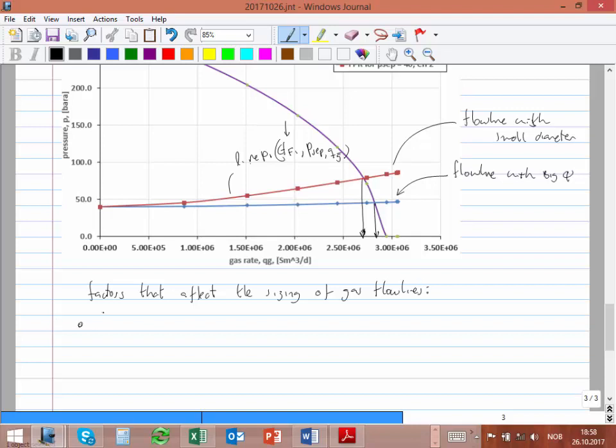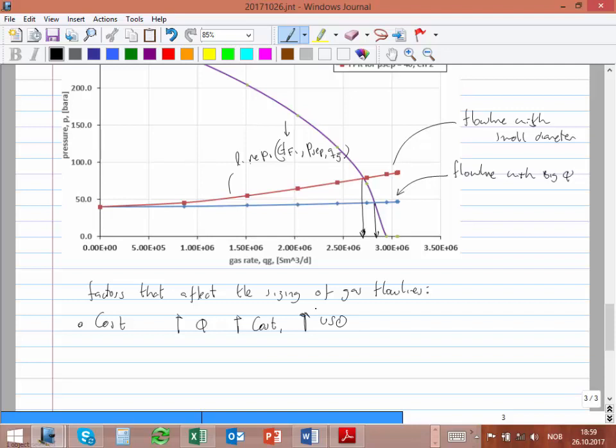And one of them is the cost. A higher diameter means more material. Remember, when the pipe becomes bigger, it also has to be thicker to tolerate the pressure. So that means it's going to be heavier and it's going to be more expensive. So the higher the diameter, the higher the cost, the higher the US dollars, and that's why it's not so convenient.